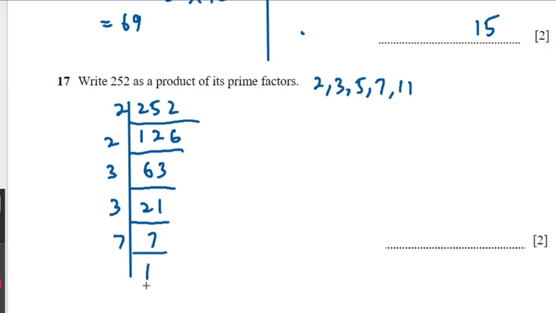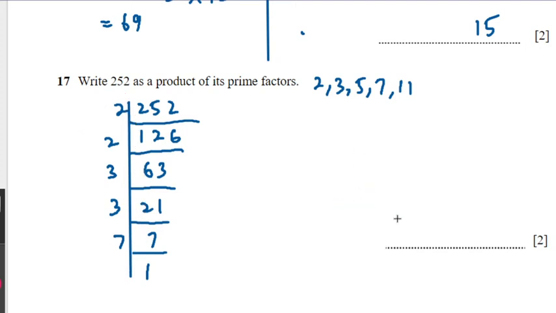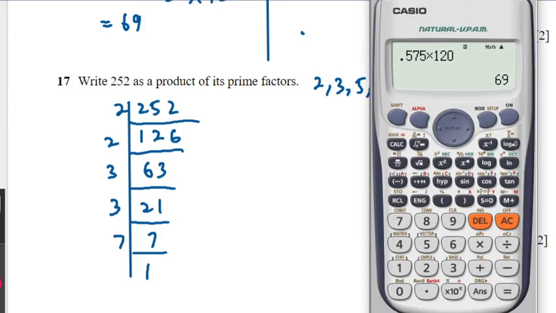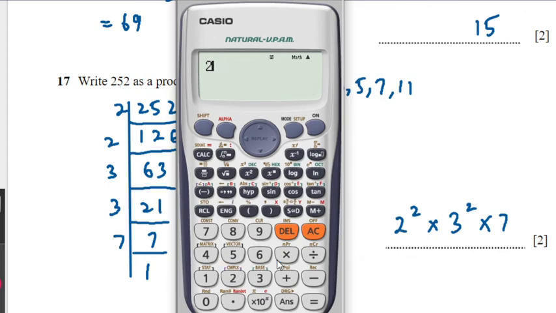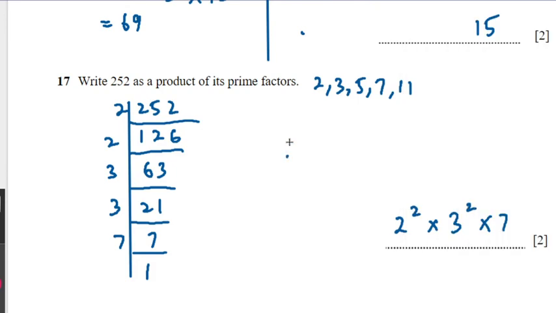So your answer is 2 times 2 times 3 times 3 times 7, which means 2 squared times 3 squared times 7. If you double check, 2 times 2 times 3 times 3 times 7, isn't that 252? Okay, so that's the answer.